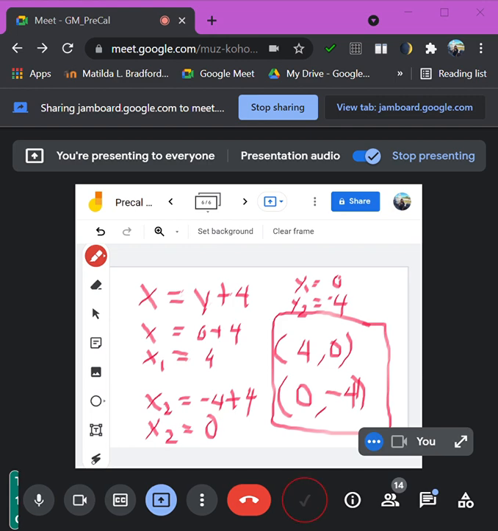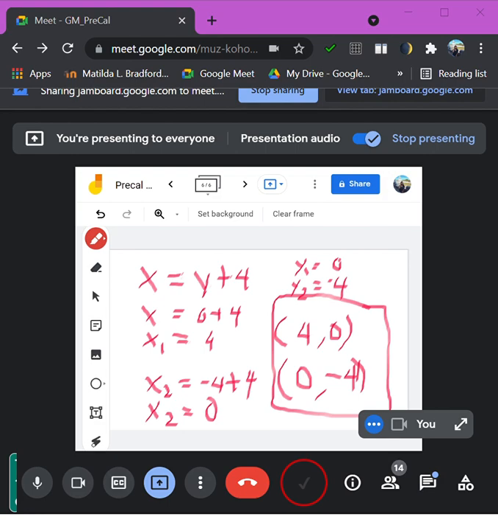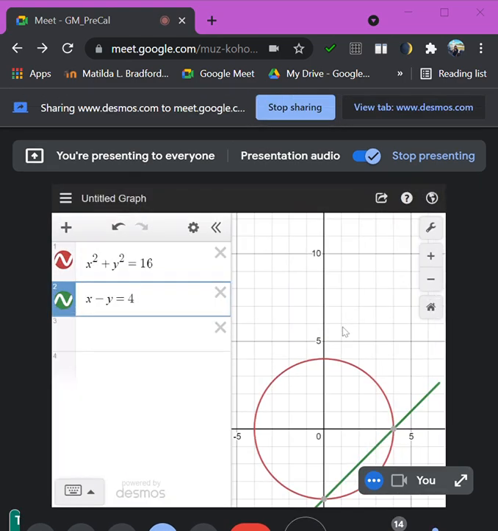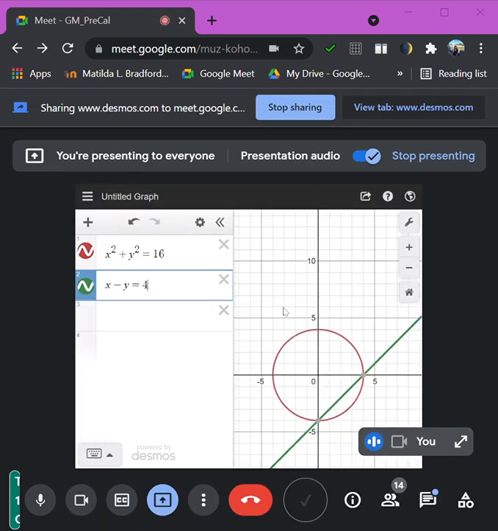I will show it. X squared plus y squared is equals to 16. And then, the next given, here, x minus y is equals to 4. Okay. So, when you graph that, this is the circle. This first one, the red one, is the circle, x squared plus y squared is equals to 16.